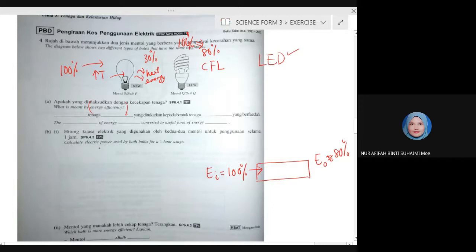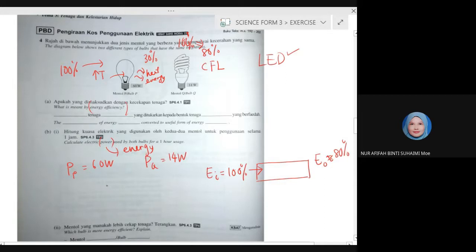Calculate electric power, not energy. This one is supposed to be energy, so change it to energy. If it says calculate electric power, the power is already mentioned above. Power for P is 60 watts and power for Q is 14 watts.